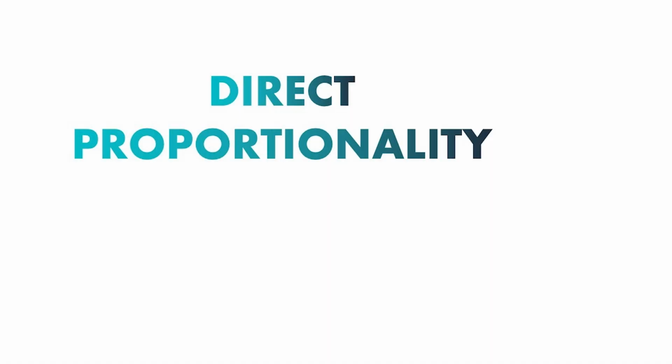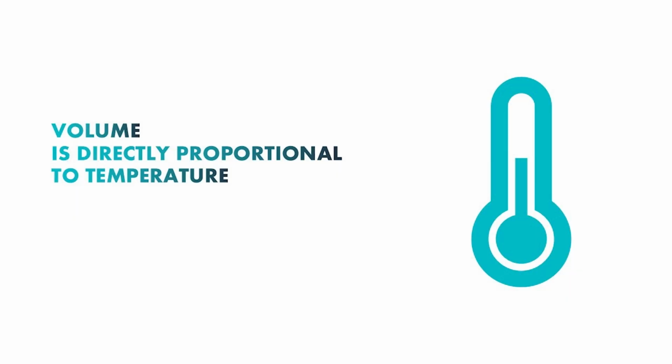What is the proportionality between volume and temperature? You found that volume is increasing with the temperature. So the proportionality is direct proportionality. That means volume is directly proportional to temperature or absolute temperature.